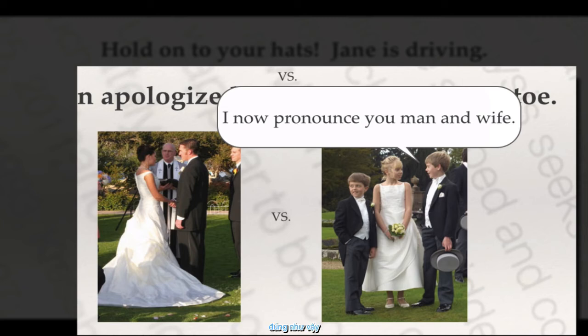The other is just what we might call play. It all depends on the people involved. One person in these two situations actually has the power of the state to say that two people are married. The other person could say it all he wants to, and he would never actually marry somebody in a legal sense.